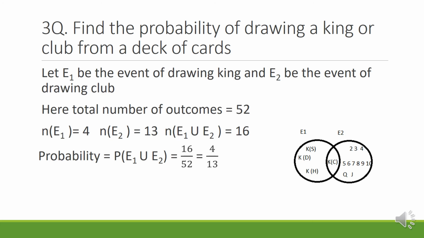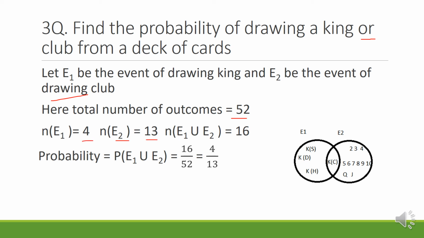Here, find the probability of drawing a king or a club from a deck of cards. It is similar to the previous question, but now they are asking a king or a club. Assume, same as the previous question, E1 is the event of drawing a king and E2 is the event of drawing a club. The total number of outcomes is 52, the events favorable for E1 are 4 and for E2 are 13.